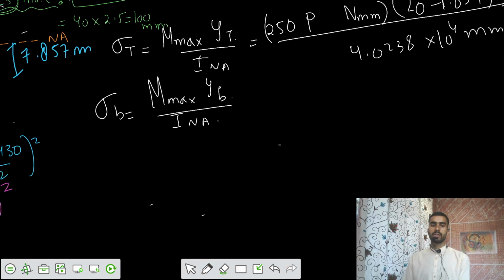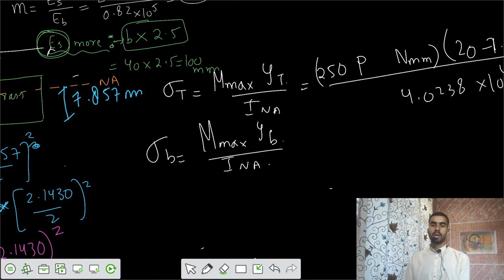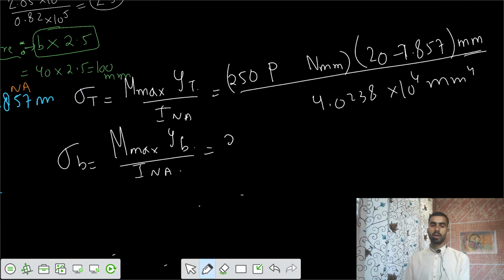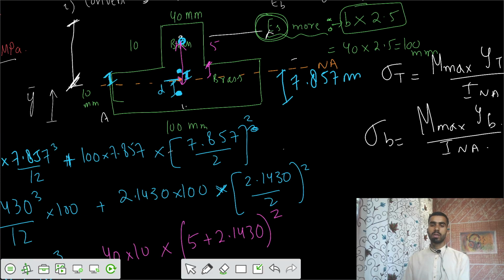Now similarly you can solve for y bottom also. So y bottom has the same M max, 250 P Newton mm. Then y bottom equals the location of the neutral axis from AB, so that is 7.857.